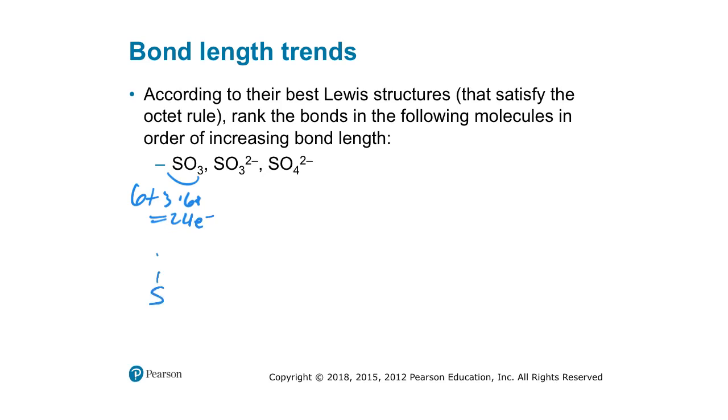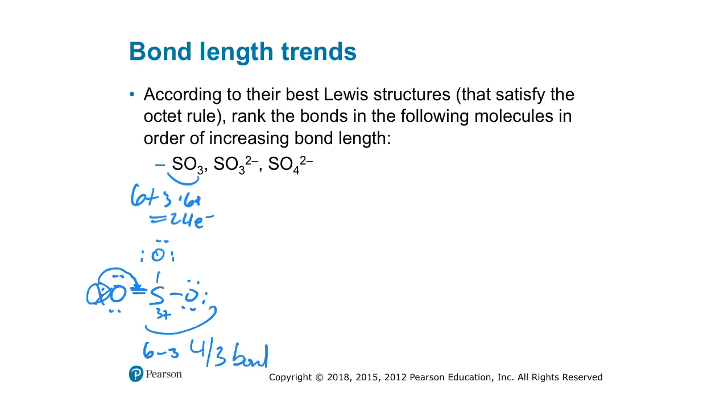So that'll be a sulfur, oxygen, oxygen, oxygen, lone pairs all the way around. Then that's it. That's all 24 electrons, none left over. And so then we have a 6 minus 3, a 3 plus formal charge, so we can make a double bond. Okay, so we make a double bond, and then we can have that resonating bond, so we have a 4/3 bond here in our molecule once we take into account resonance.